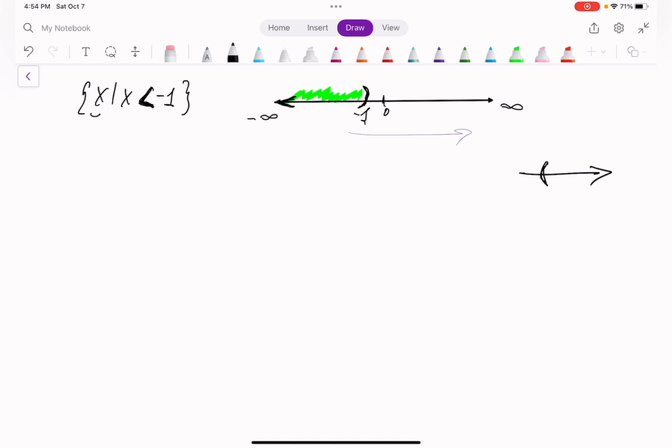Now, if I would have less than or equal, then my graphing notation is going to be a square bracket. Square bracket means the equal sign is included. If I have greater than or equal, then my square bracket looks like that.